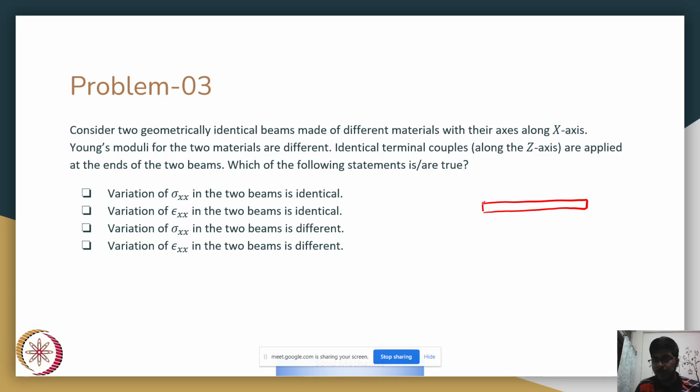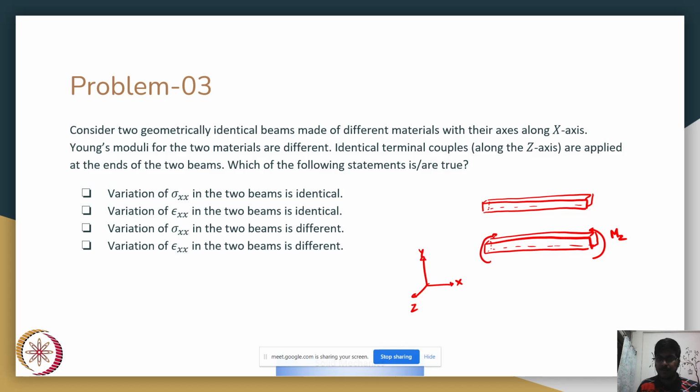So suppose this is beam 1 and suppose this is beam 2. And I'll just draw a coordinate frame here for reference: x, y, and z. And you have an identical couple.